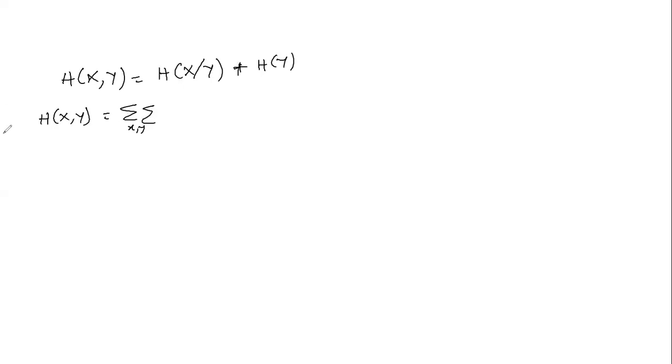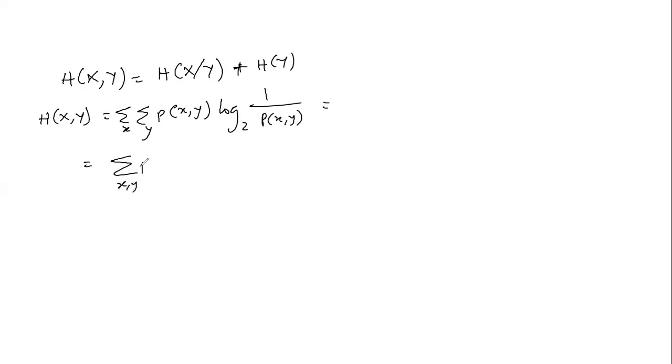Okay, let's try that out. That is sigma x, sigma y, p, the joint probability distribution function, log to base 2 of 1 over p sub xy. Okay, so we can also put this the same way, or better, let's put it here. This is the same as negative sigma xy, p xy log p xy. So we are doing the same thing.